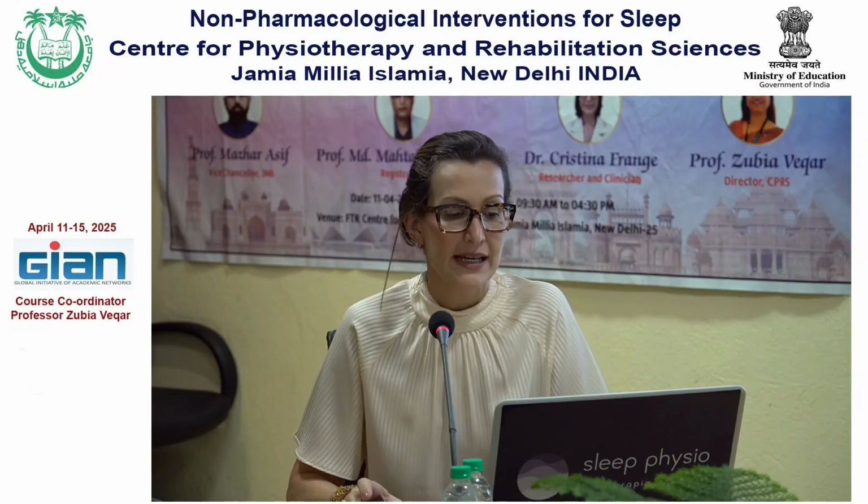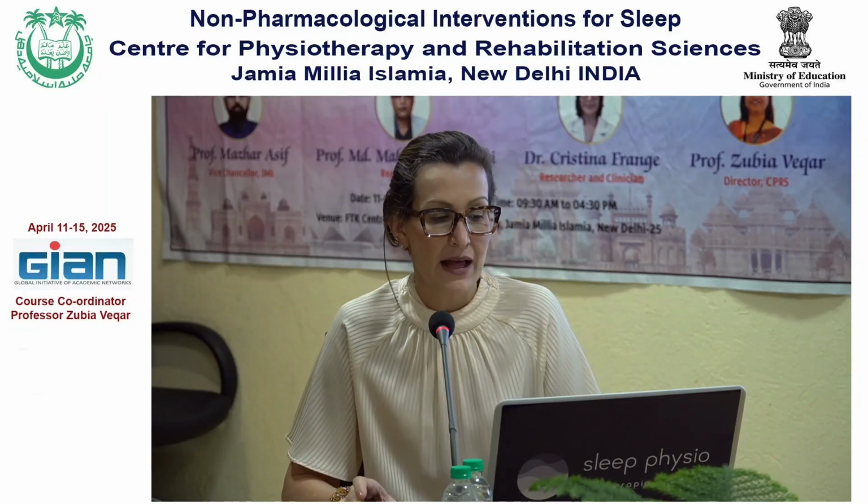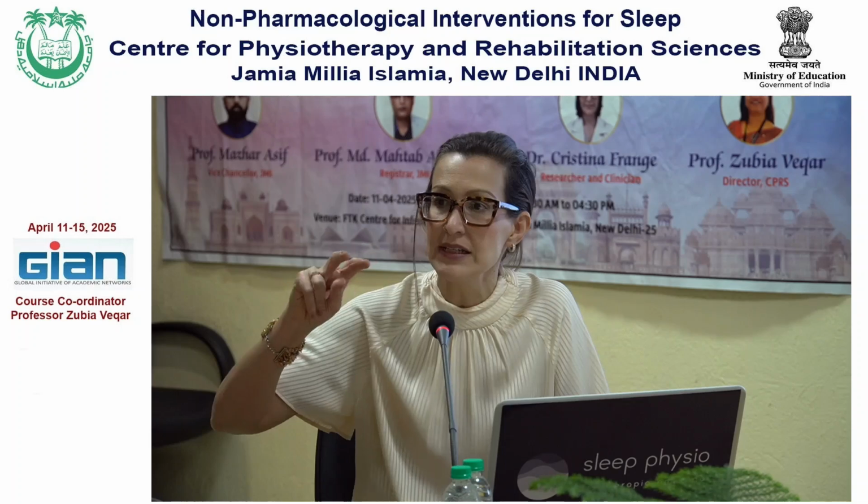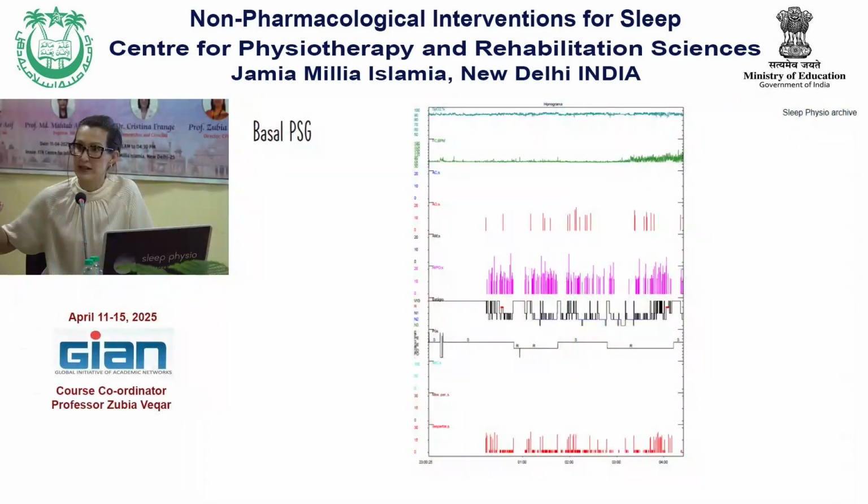Yeah. So we can see here a lot of shifting of the sleep stage during the night. This is no good. Then we can see here that there are a lot of awakenings during the night. So you see here about 1 o'clock in the morning, there is no sign here. These are the signs for arousal.